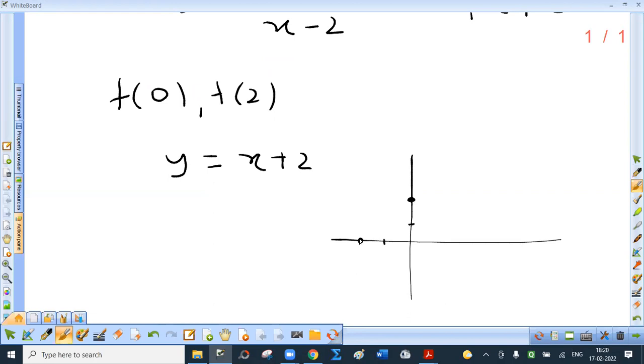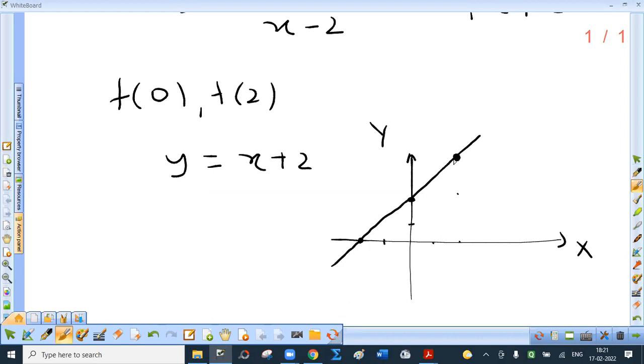See, this graph is not correct. Why? Because when x is 2, this point is on the graph.